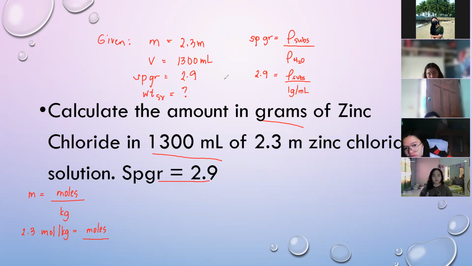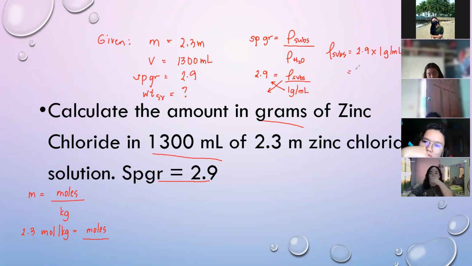Now, we can compute for the density of our zinc chloride or our substance. Let's just do cross multiplication here. We will be writing density of the substance here, and then 2.9 times 1 gram per ml. So definitely this is 2.9 grams per ml.